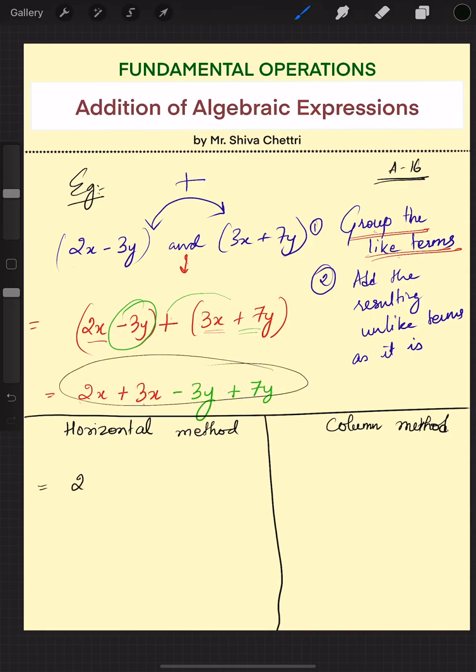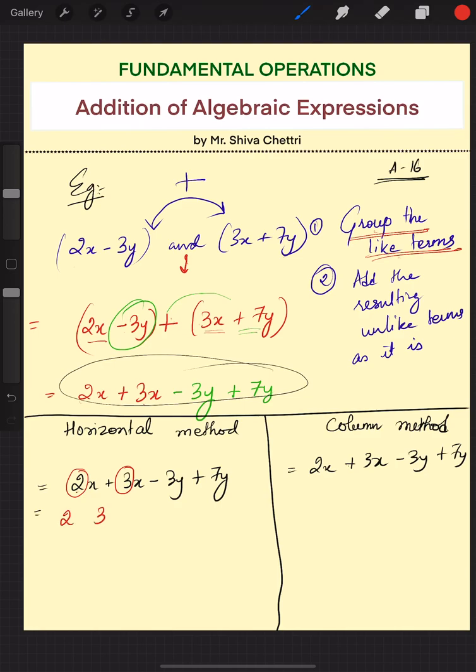So how do we add in the horizontal method? I'll write the same thing, 2x minus 3y plus 3x plus 7y. Now we will just write the coefficients. So 2 and 3.